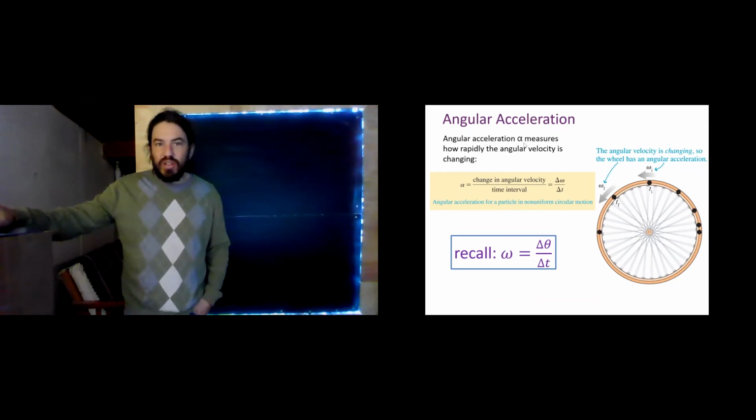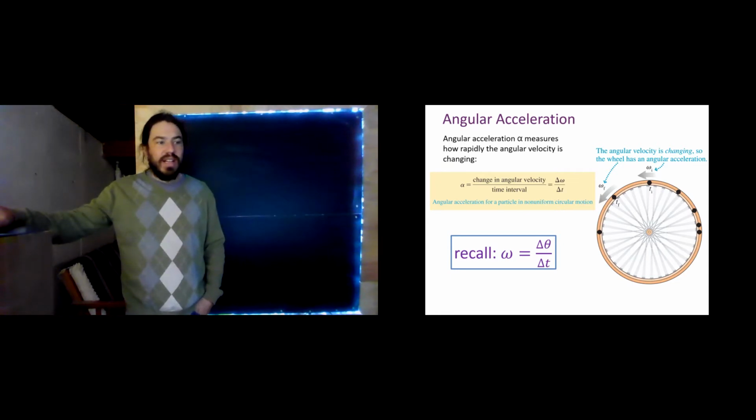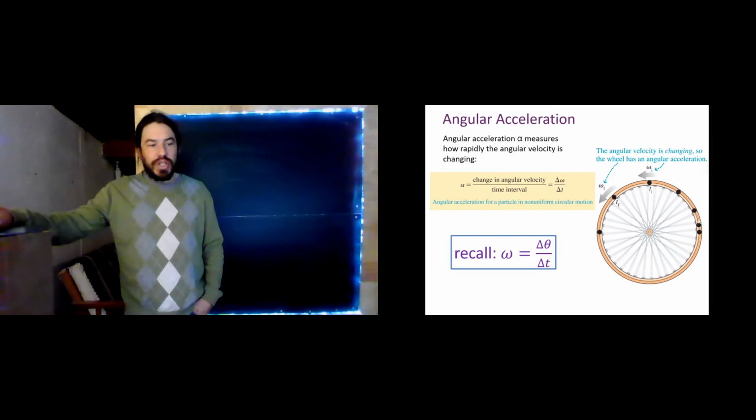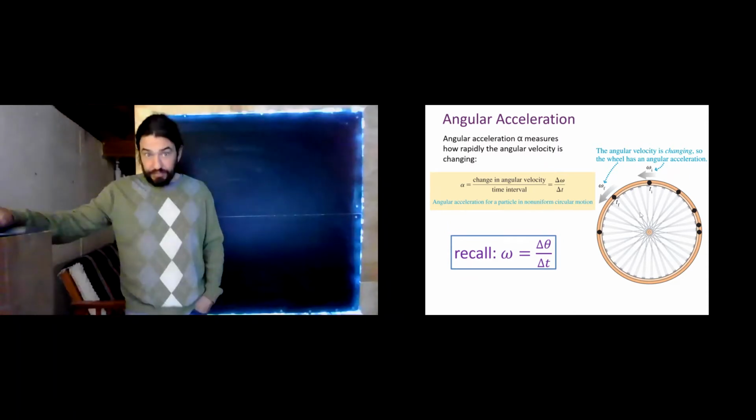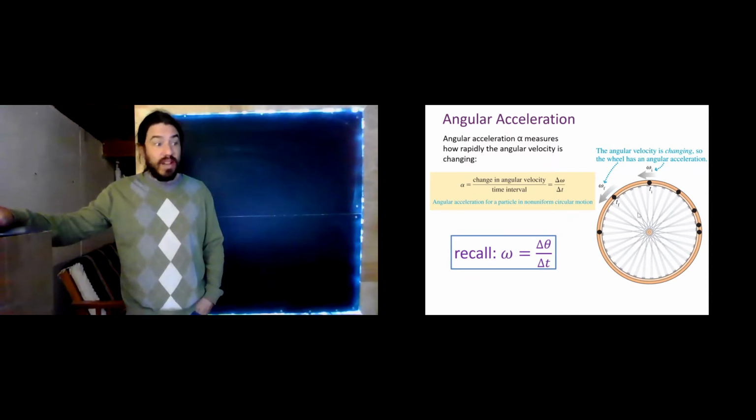This is alpha. That's the Greek letter alpha, the first letter in the Greek alphabet. And so here, we could do a motion diagram for some dot along the rim. We can see that since these dots are getting farther apart, the wheel's rate of rotation is increasing. Therefore, it is undergoing some angular acceleration.